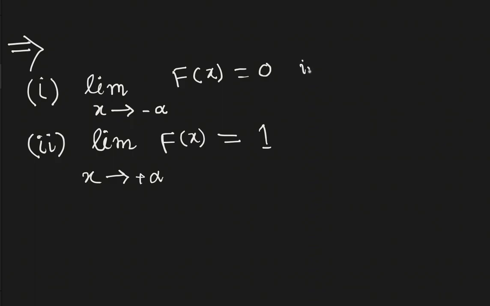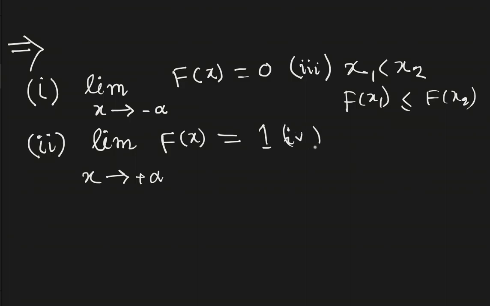Third is that it is a monotonically increasing function: if x1 is less than x2, then f of x1 should be less than or equal to f of x2. And the fourth property is the limit as h tends to 0 of f of x plus h equals f of x.